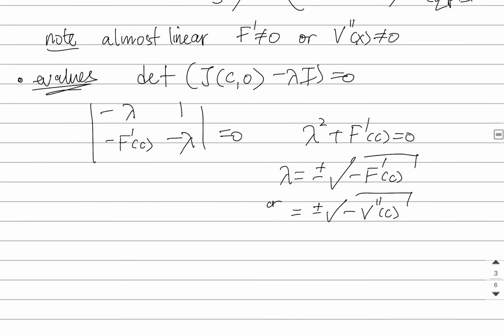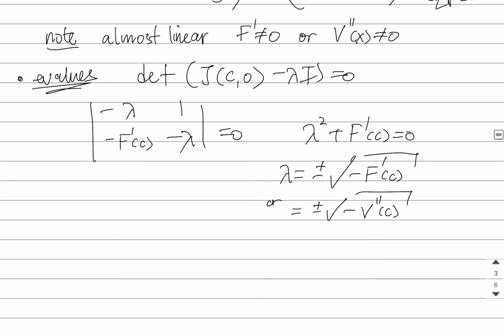And so here's another interesting feature of conservative systems. There's only two options possible. The only options work like this.